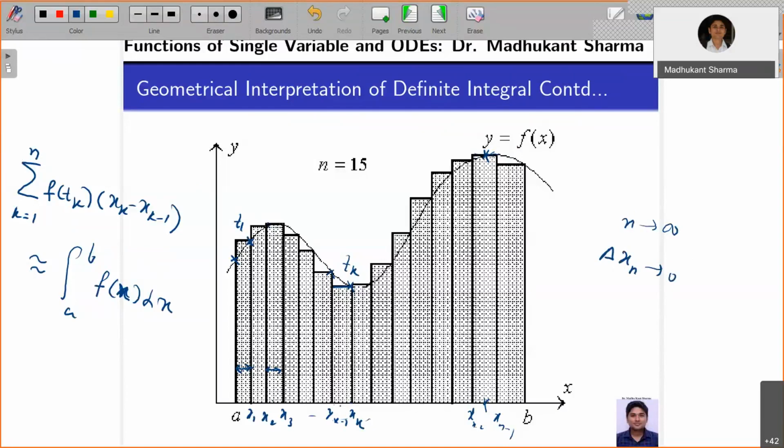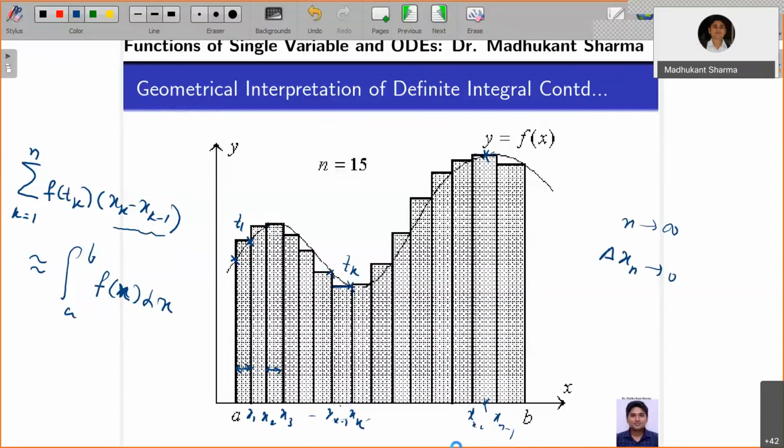Sometimes you will say limit delta xn tends to 0, and this summation will also give you the integral. Both are the same thing, because as n tends to infinity, if you increase the number of points, obviously the length of the subinterval will be reduced.